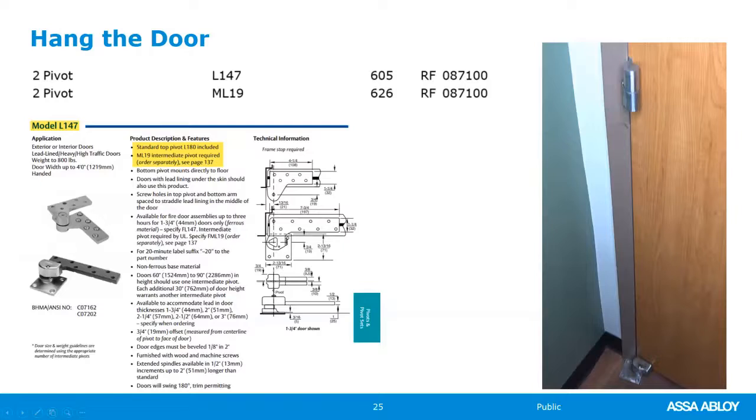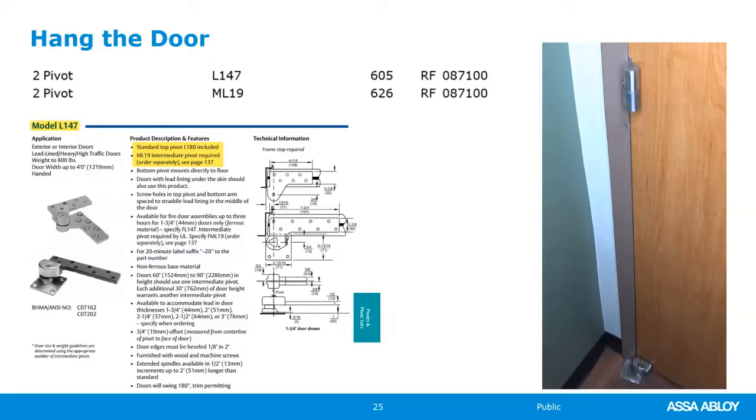The special thing about the L pivot, instead of the heavy duty, this is a heavy duty pivot, but instead of just the 147, the screw holes are staggered so that if the lead is in the center of the door, the screws will not penetrate the lead. And that's how you know. There was a question, how do you know which hardware items need to be lead lined?